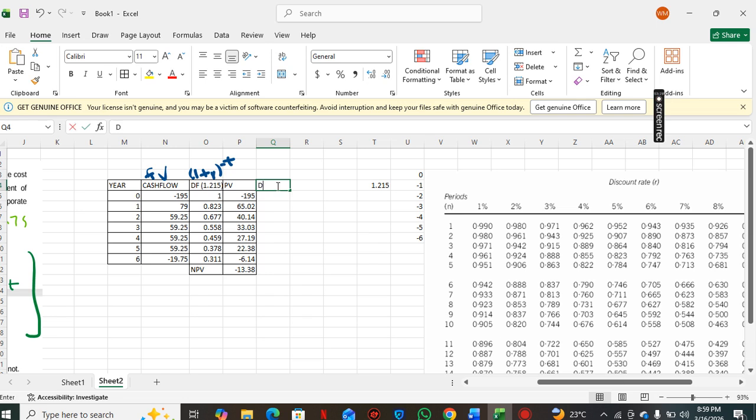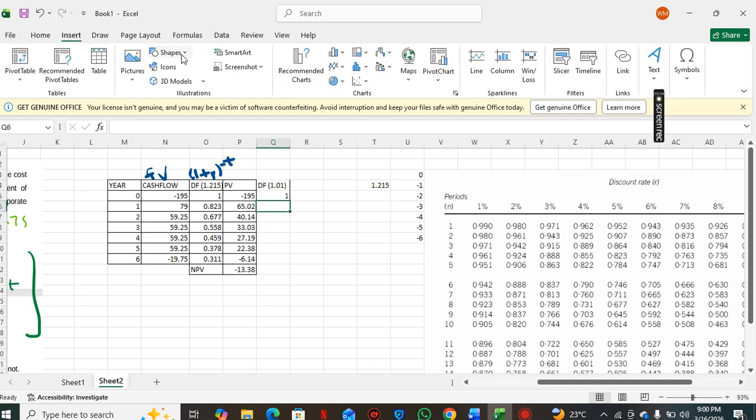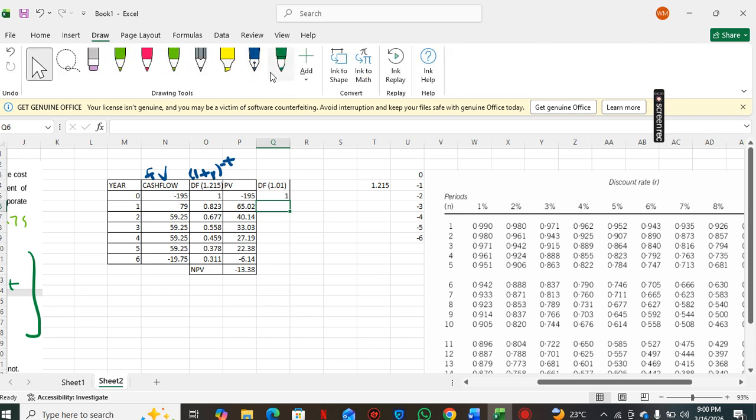So here our new discount rate is 1%. Remember, 0.01 plus 1 is 1.01. For year 0, the discount factor will always be 1. For year 1, the discount factor is 0.99.